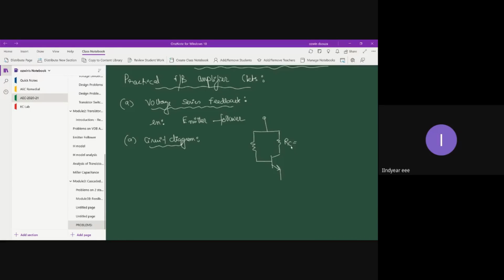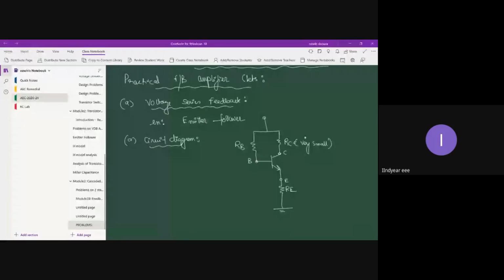Actually in an emitter follower, this RC is basically 0, because there is a short circuit here. So I'll consider a negligibly small RC value, as good as a short circuit. And then RB. And this is your emitter resistor RE. This is the base terminal, emitter terminal, and this is the collector terminal.